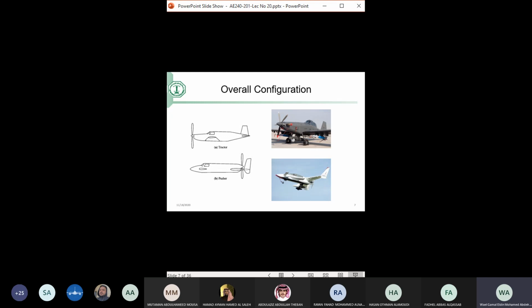Because, if you remember what you had in stability in AE220, if you have taken AE220, or as we're going to explain when we check stability, it's always safer to have the CG forward, because instability of the aircraft occurs when the CG starts moving aft beyond a certain point, called the neutral point.